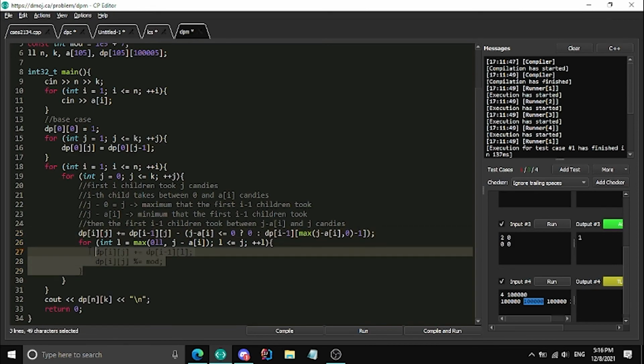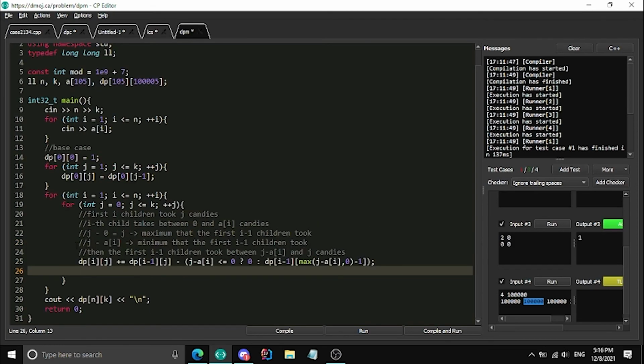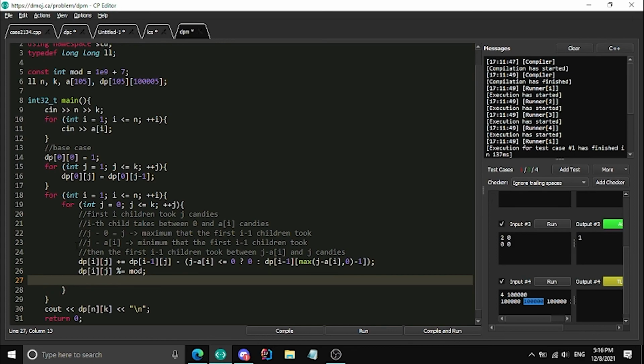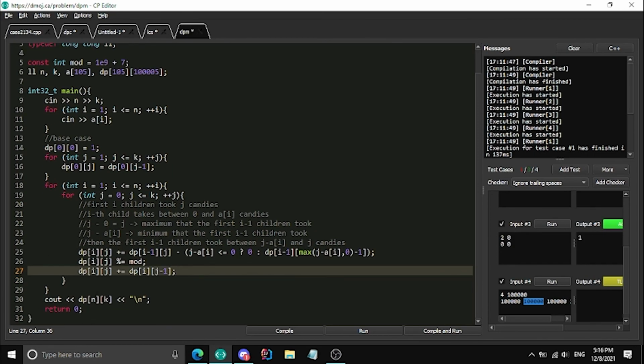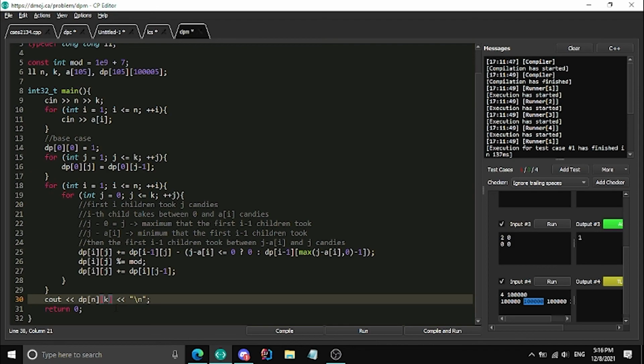Okay, and instead of this for loop here, let's first mod this value. And now we're going to construct the prefix sum array as we go. So dp at i at j plus equals dp at i at j minus 1. So all of our columns are going to be a prefix sum array.